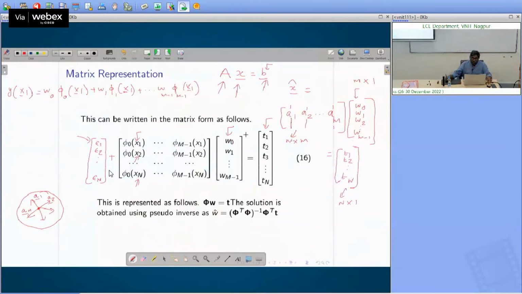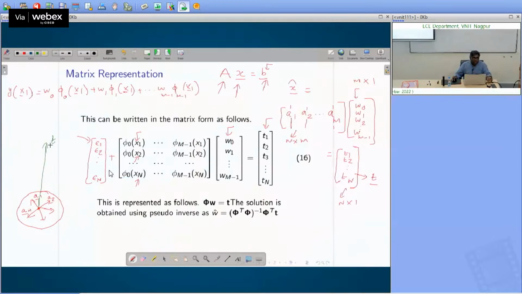If this vector T lies in this space, you get a solution, just satisfying Ax equal to B. But in practice, it is definitely not going to be in the column space of A. So your T is going to be somewhere outside this space.